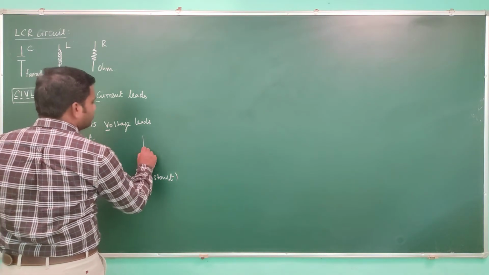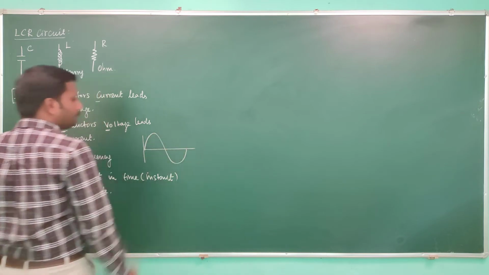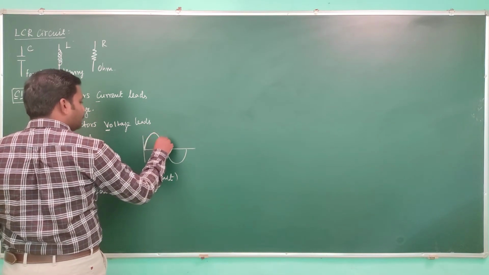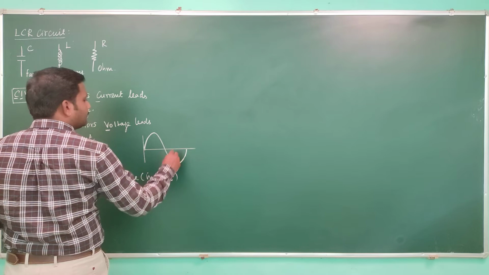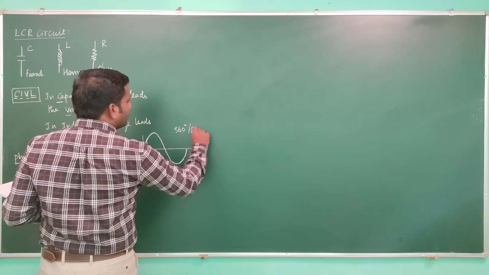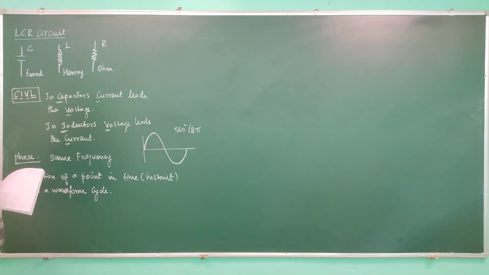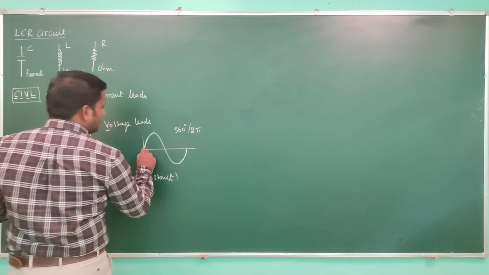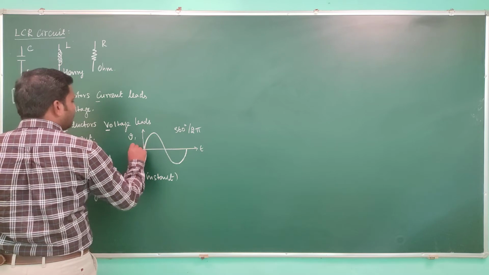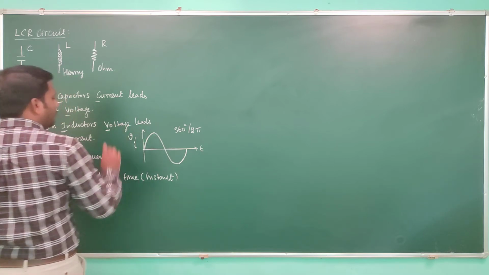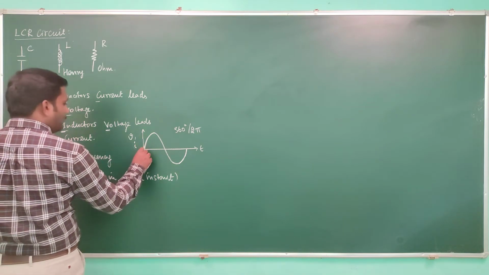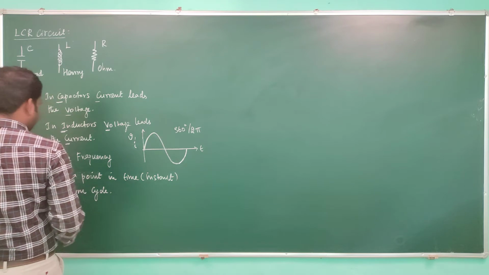Let us consider a waveform. This waveform, for a complete cycle, covers 360 degree or 2 pi angle. The x-axis is the time axis, the y-axis may be voltage or current I. Now the phase is a point, right?